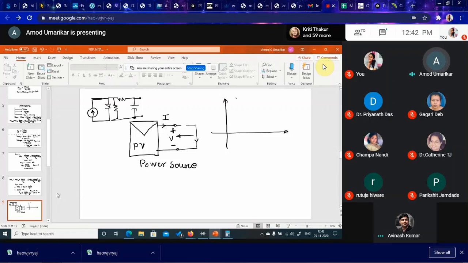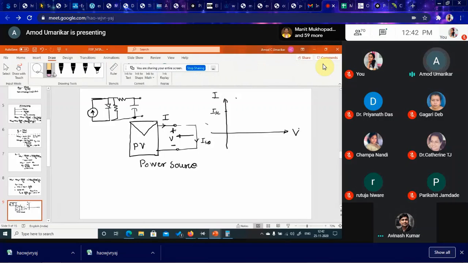Does it pass infinite current? No, it passes some current, which we call the short circuit current, ISC, on the IV curve.